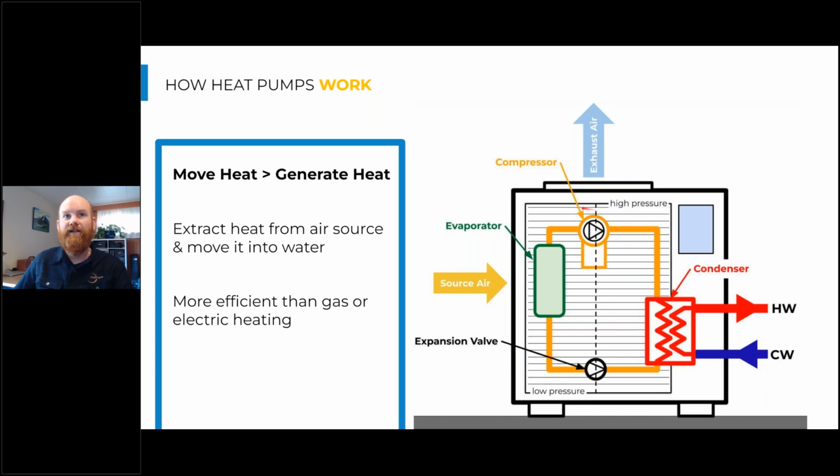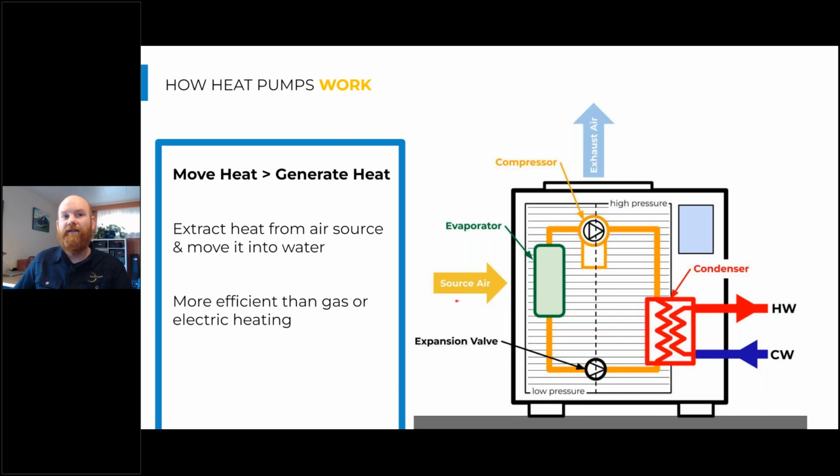Now, if we pressurize that refrigerant with a compressor, we can bring that refrigerant up to a much higher pressure and a much higher temperature. So now that we're at a much higher temperature, we can go through another heat exchanger, a condenser. This is a refrigerant to water heat exchanger. And we're going to transfer a bunch of that heat that we got through the evaporator into domestic hot water.